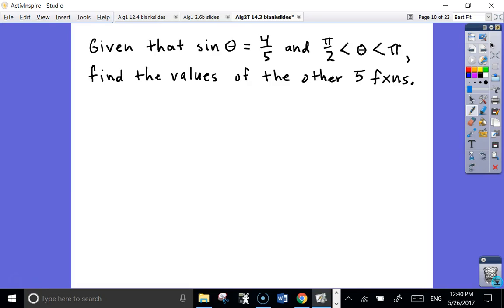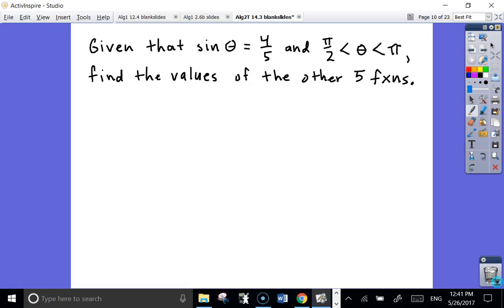Okay, so remember from the unit circle, in the second quadrant the sine is positive, because it says it's positive 4/5. What about the cosine, positive or negative? That is the x value, so you're to the left, and that's going to be negative. Of course, if the sine is positive, the cosecant is positive.